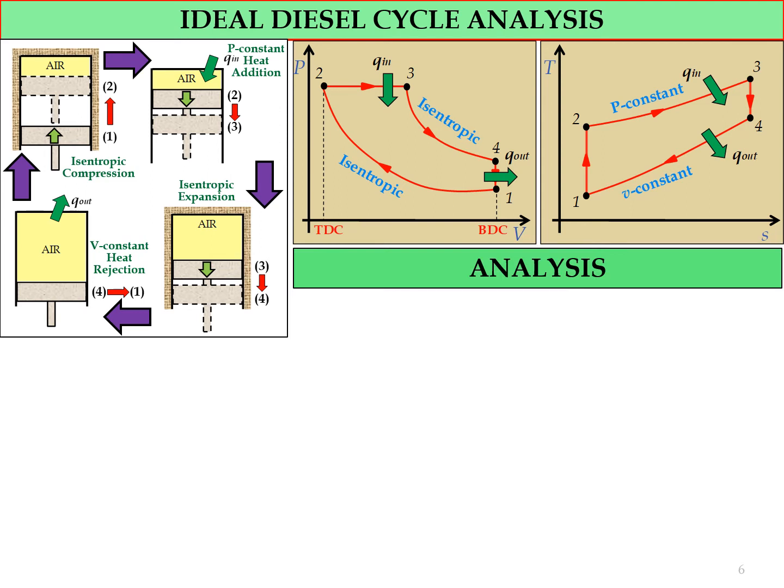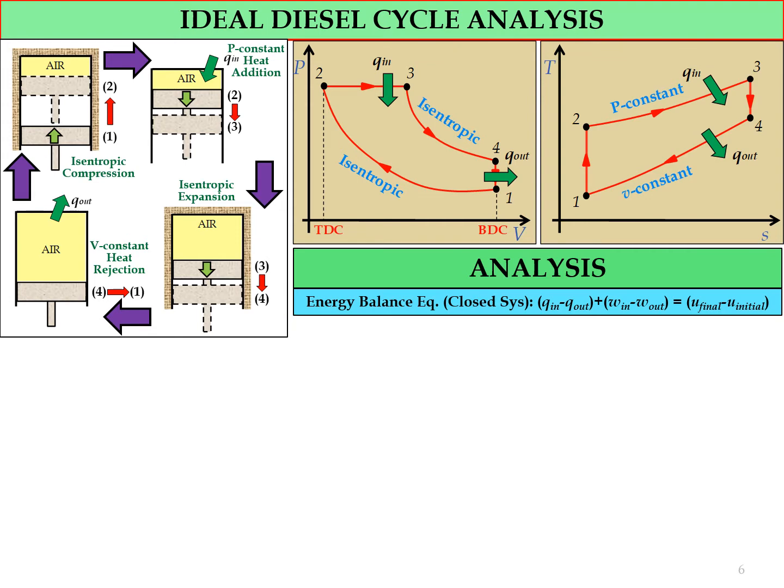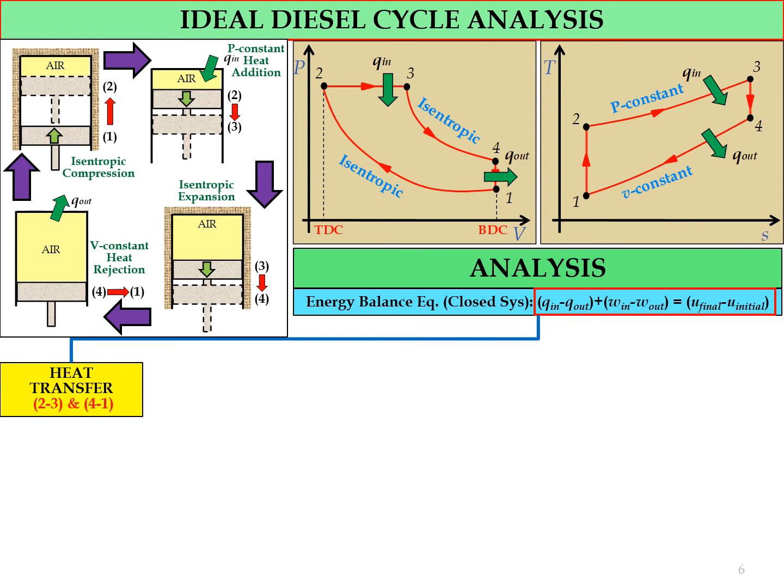Now we look into the analysis. First, we look into the energy balance equation for the closed system, the same as the Otto cycle. We have Q in minus Q out plus work in minus work out, equal to the internal energy of the final state minus the internal energy of the initial state. First we look into the heat transfer for process 2 to 3 and 4 to 1.